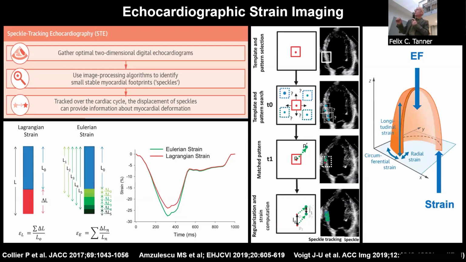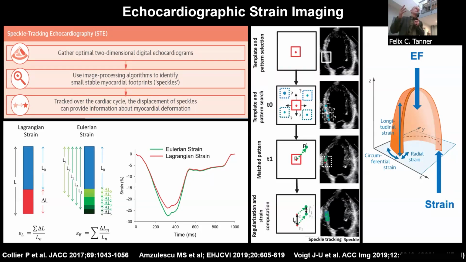So now I have mentioned strain several times. Now let's focus a bit on strain after these dimensional morphological parameters. Strain is a new thing in echo, but in principle it is really fantastic because it has put echo on a different level.